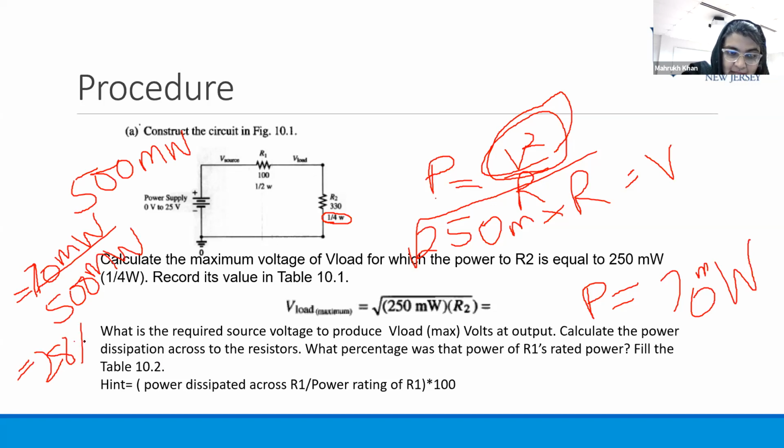So it means that it's 28% of rated power, right? What percentage of R1's rated power has it used? It has used 28% of its rated power. Understand what I'm saying? Yeah, so that's what we are trying to do here.